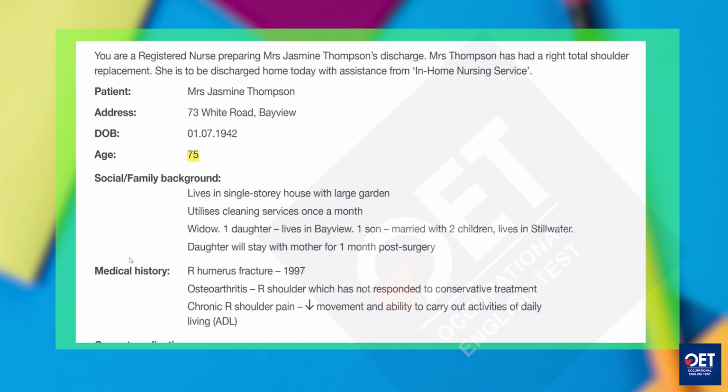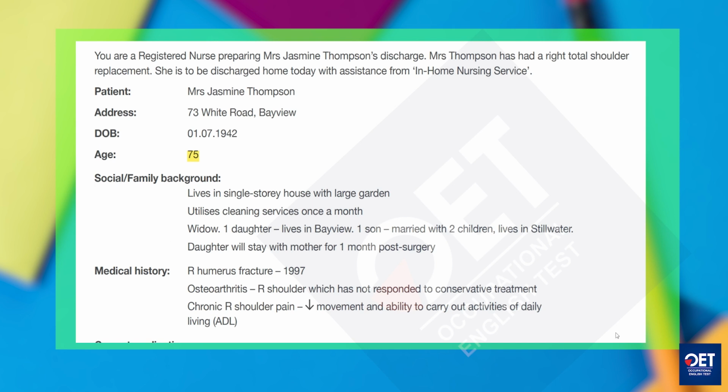Medical history says she had a right humerus fracture in 1997, osteoarthritis in the right shoulder which has not responded to conservative treatment, and chronic right shoulder pain which leads to decreased movement and ability to carry out activities of daily living.